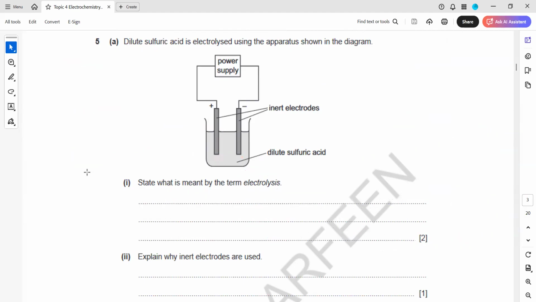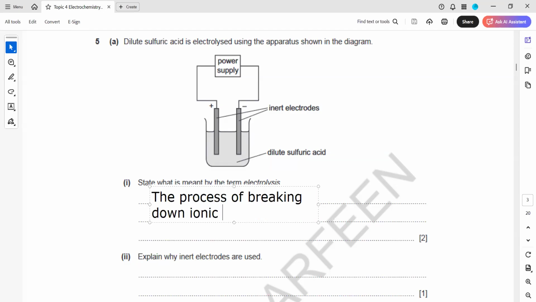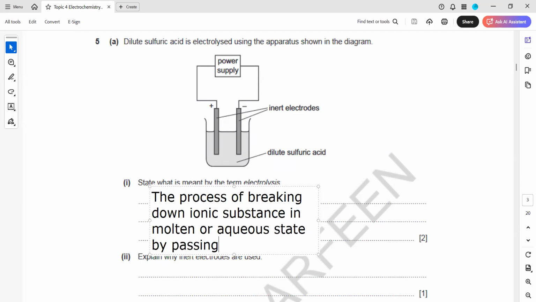Can you write down the definition? Electrolysis means the process of breaking down ionic substances in molten or aqueous state by passing current through it.